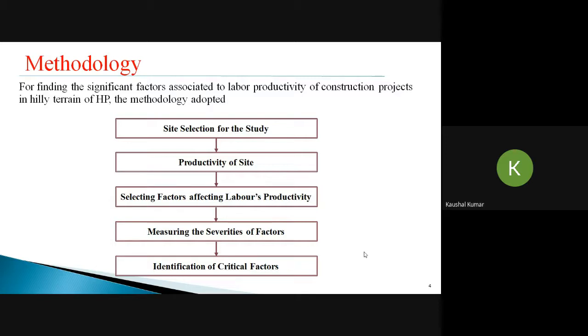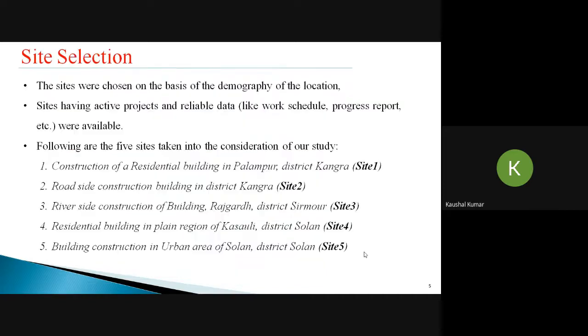The next step is measuring the sensitivity or severity of the factors. And at the end, we will see what the major factors are that affect labor productivity at construction sites in Himachal Pradesh.